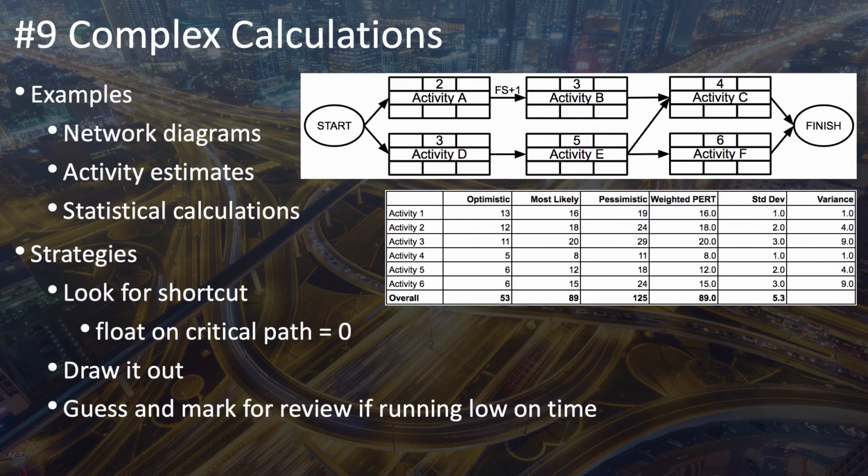For example, in a critical path question, keep in mind that the float on the critical path is 0, unless there is some external schedule constraint that prevents it from being 0. It may help you avoid doing all of the calculations involved and quickly discern the correct answer. Another strategy is to draw it out.